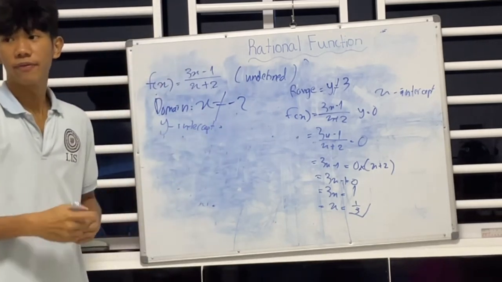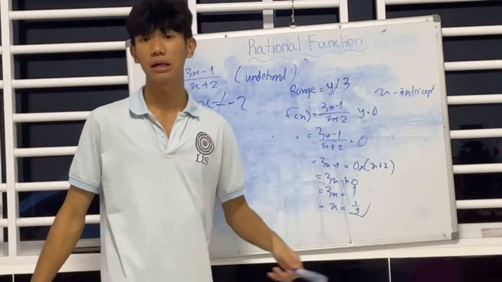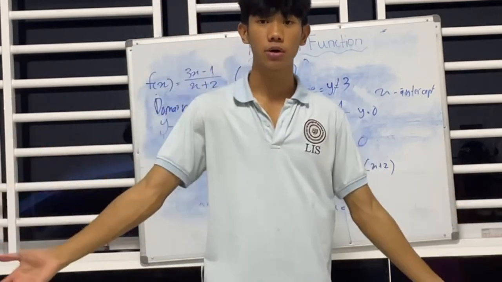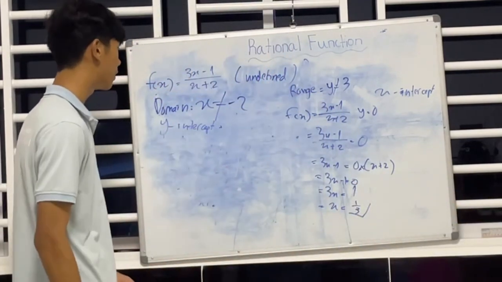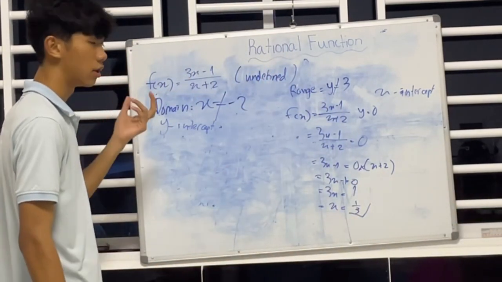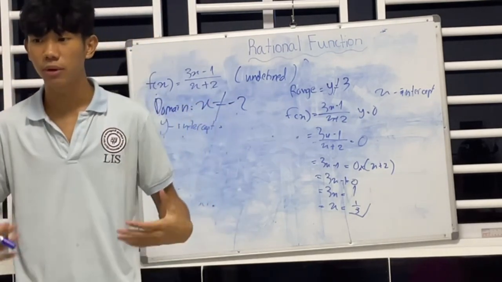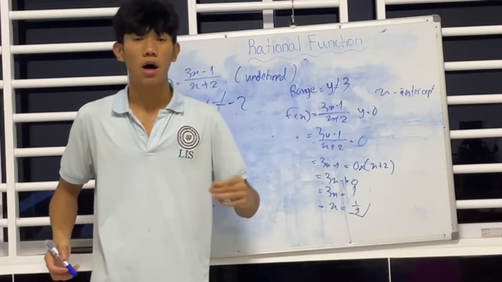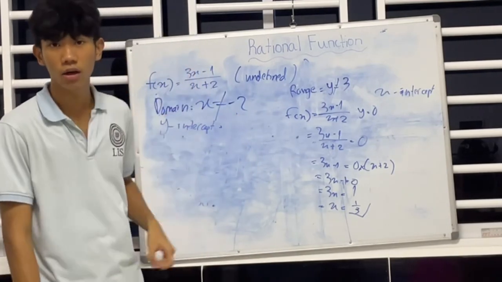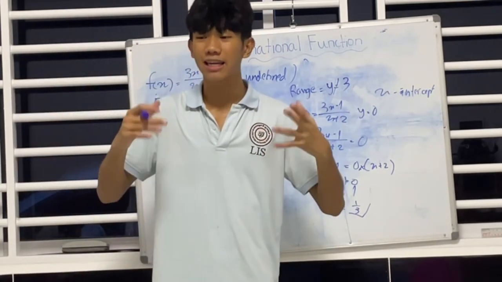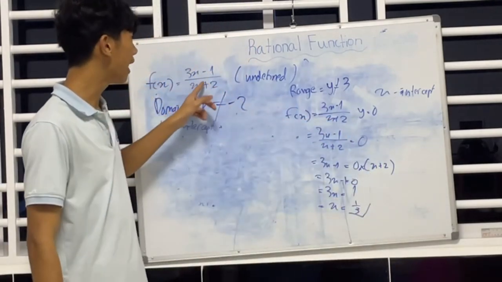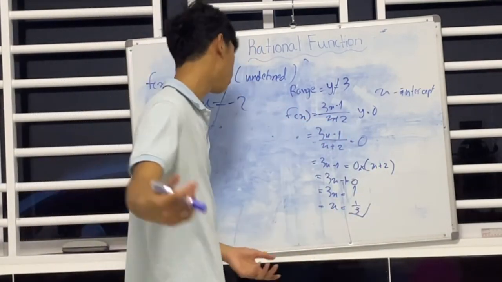For the y-intercept, x is equal to 0, right? We do the same thing, but switched a little. While before y was 0, now x is 0, so you place x equals 0 into the 3x minus 1 and x plus 2 for y.